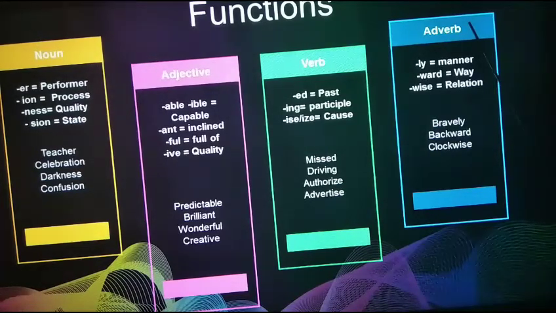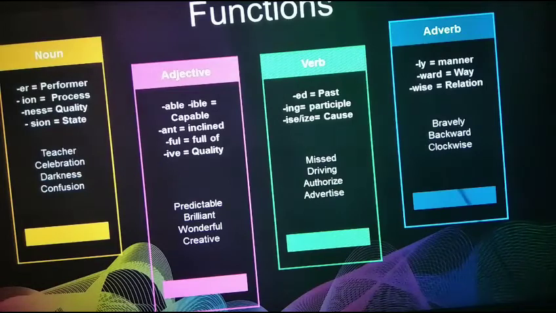At last, we have adverbs. We have the suffix ly, which indicates the manner in which something is being done. We have ward, that indicates the way or direction of something, and we have wise, the relation in which something is being done.